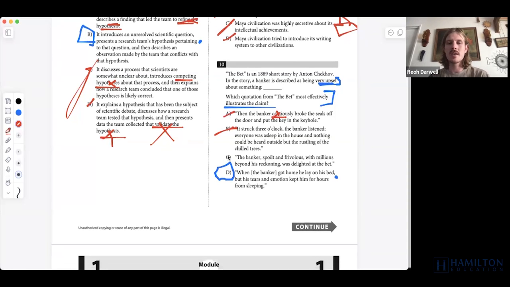And then C, if we don't know what spoilt and frivolous mean, you might think, this is where he's upset. What is spoilt and frivolous? Spoilt means he's spoiled. That's the older form that we would conjugate that. And frivolous means kind of like interested in meaningless things. So the only answer choice which shows the emotional element of upset is D.